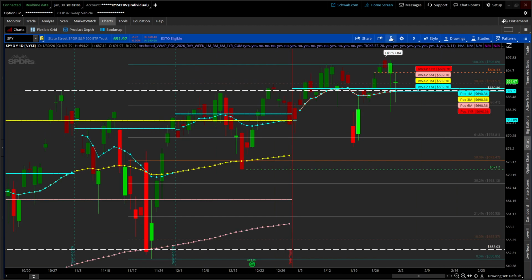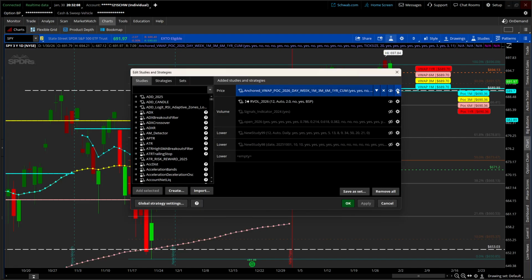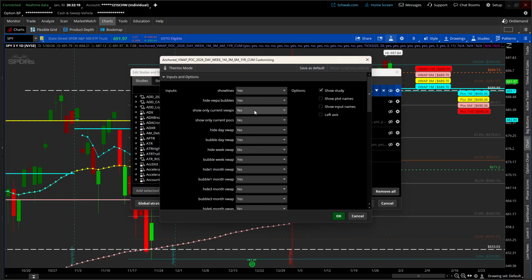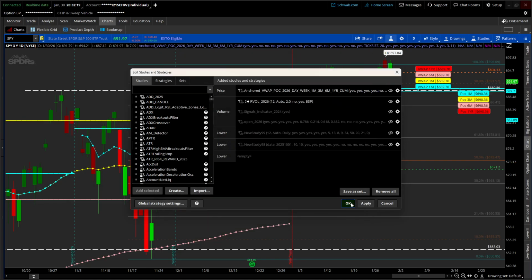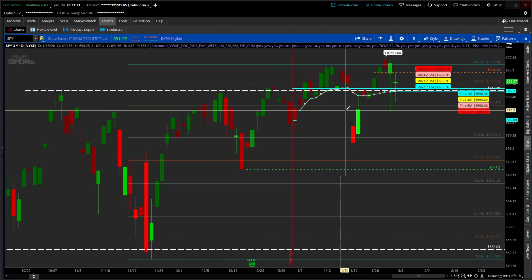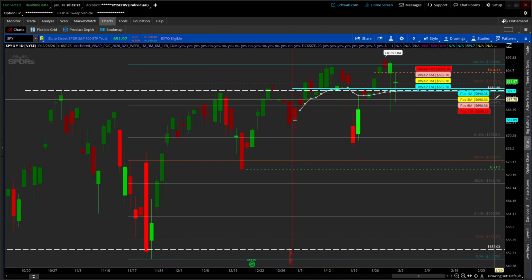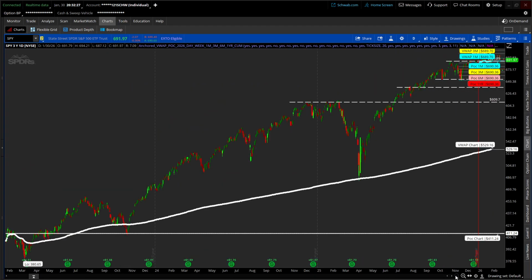So one of the things is you can come here, and if you don't want to look at the historical ones, you could just say show only current VWAP, show only current point of control. And this side showing only our current VWAP, our only current point of control.